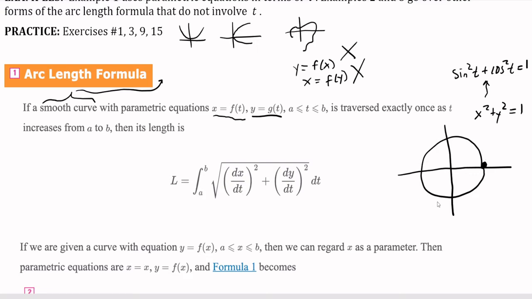Just let t increase, and it wraps me around and traces this out. So using that idea, what can I do? I can let x be cosine t and y be sine t. I have parametric equations for this curve. The x value at every point along this curve is given by cosine, the y value by sine. Parametric.